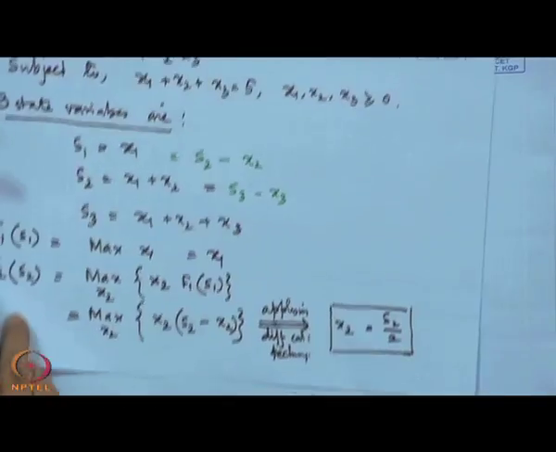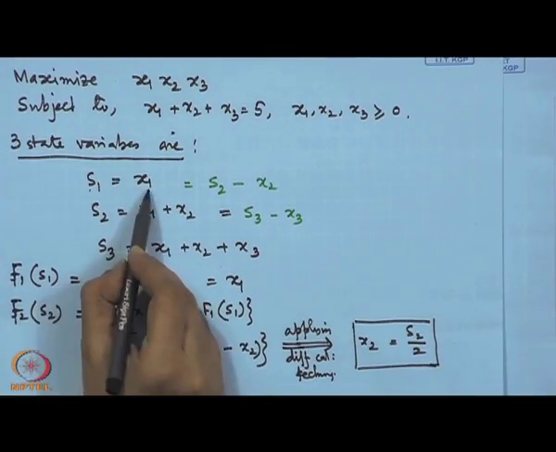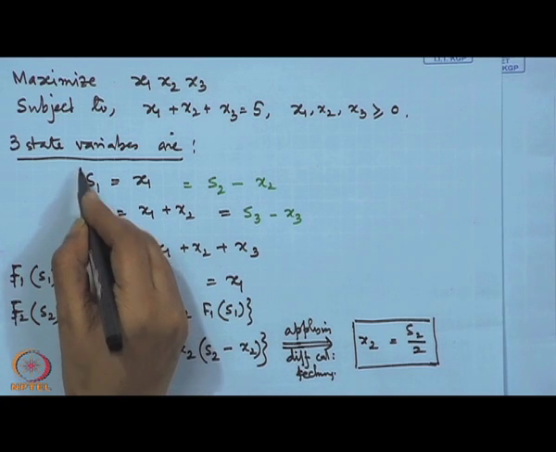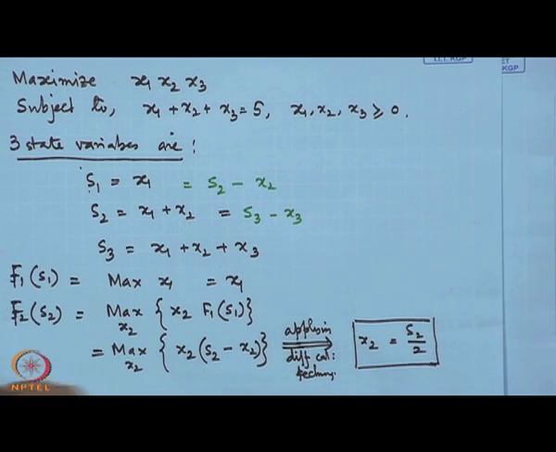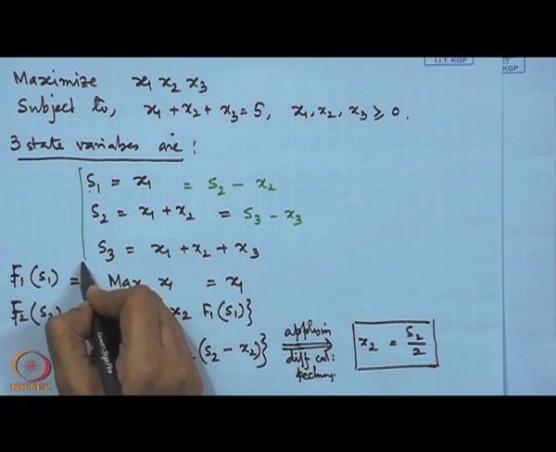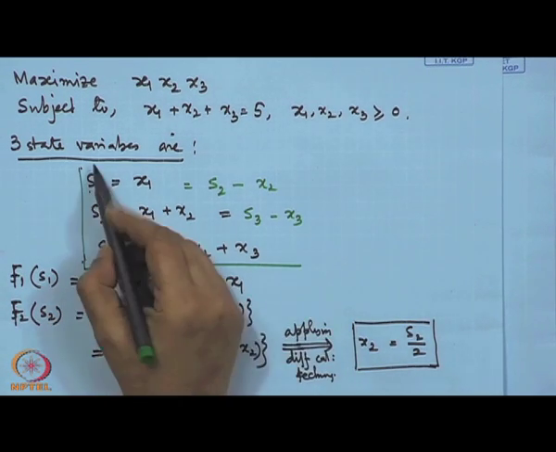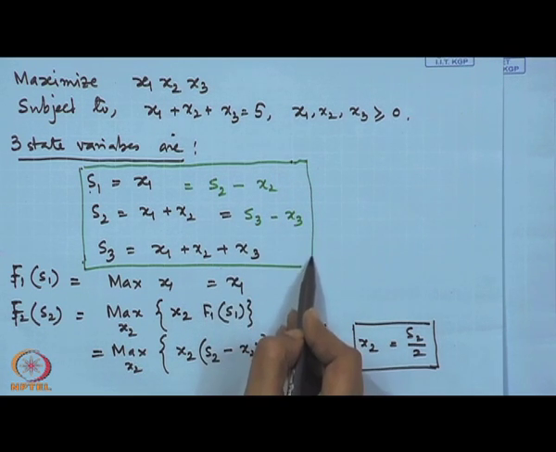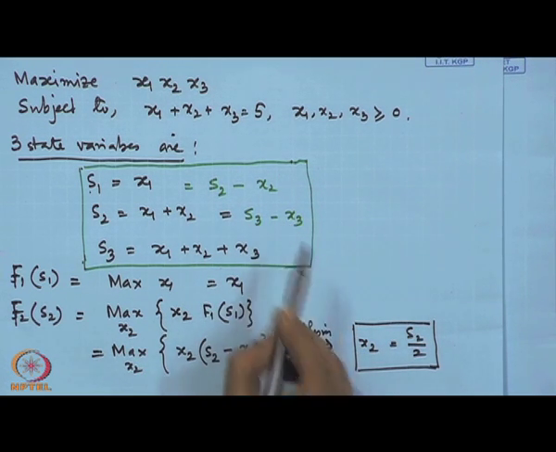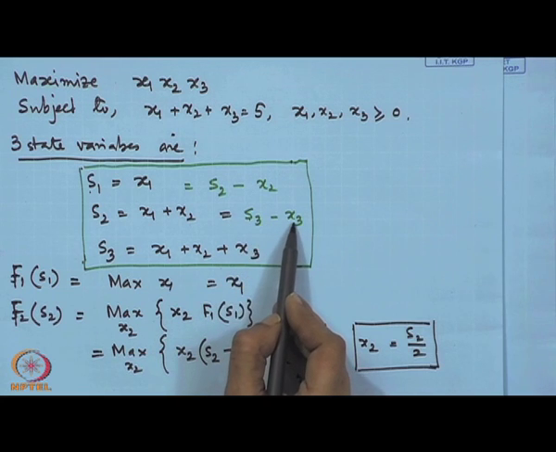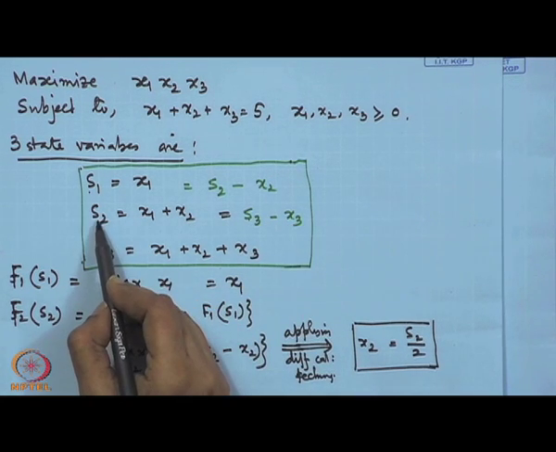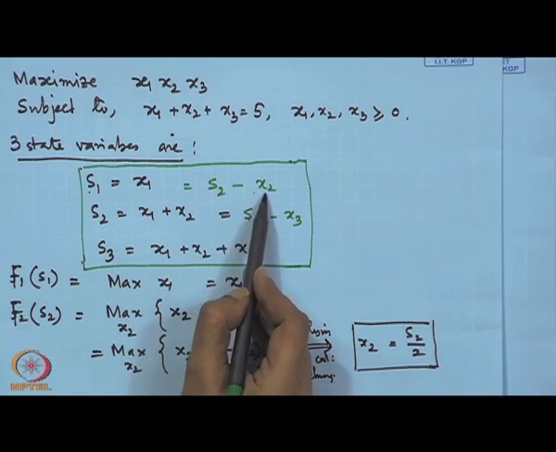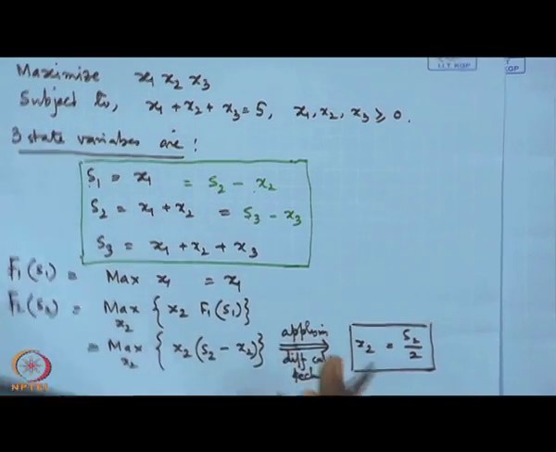Once we have reached this point, x3 is equal to 5 by 3, we have the relations with us. Just let me show you. Just now we have s1 equal to x1, s2, x2, this relation, and from this relation, by substituting the value of x3 as we got, 5 by 3, that is 5 minus 5 by 3, we will get s2. Once we are getting x2, after substitution we will get the value for s1.